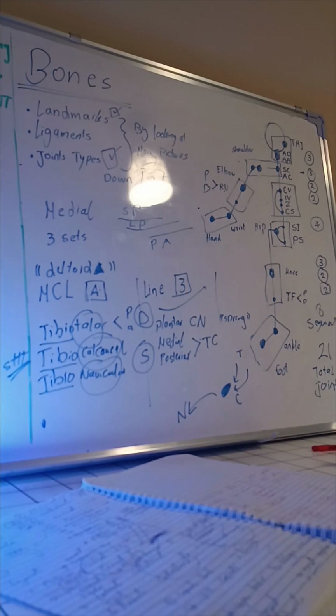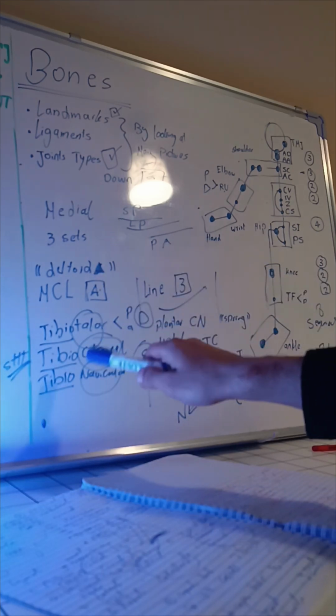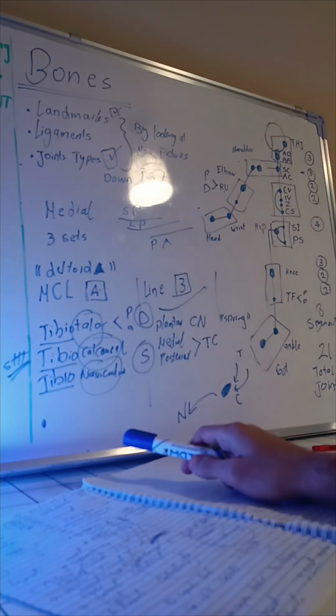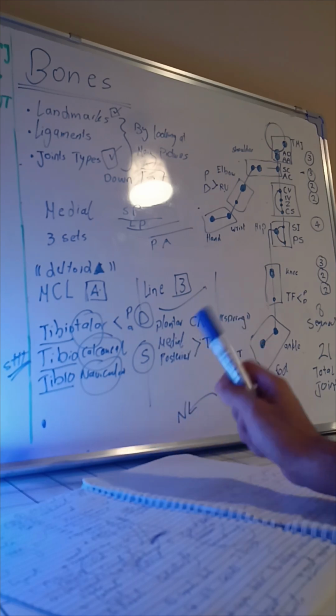Also we're going to have the posterior talocalcaneal. Alright? The deltoid is the tibiocalcaneal, tibionavicular, and tibiotalar. Alright?